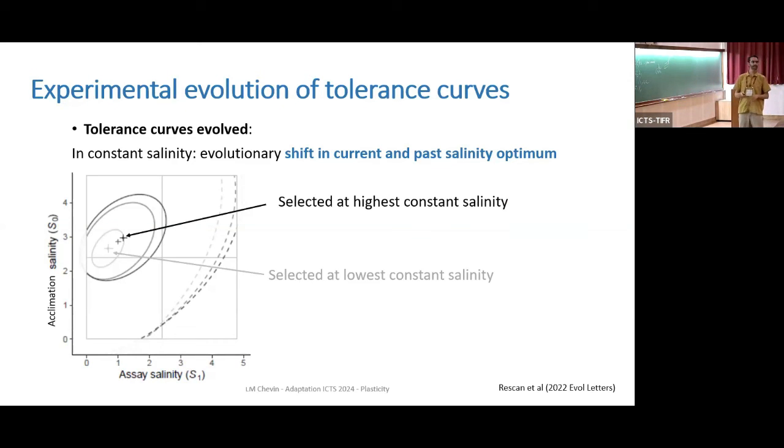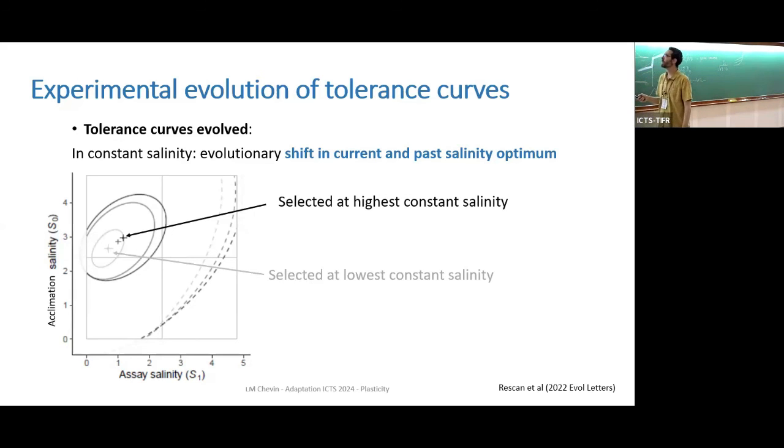So we also looked at these tolerance curves that I showed you before, where growth rate depends on previous and current salinity. And we looked at whether this evolves, because there's all this literature saying environmental fluctuation should broaden the tolerance curve. You become less of a specialist, basically. We saw an effect. We also had constant treatments.